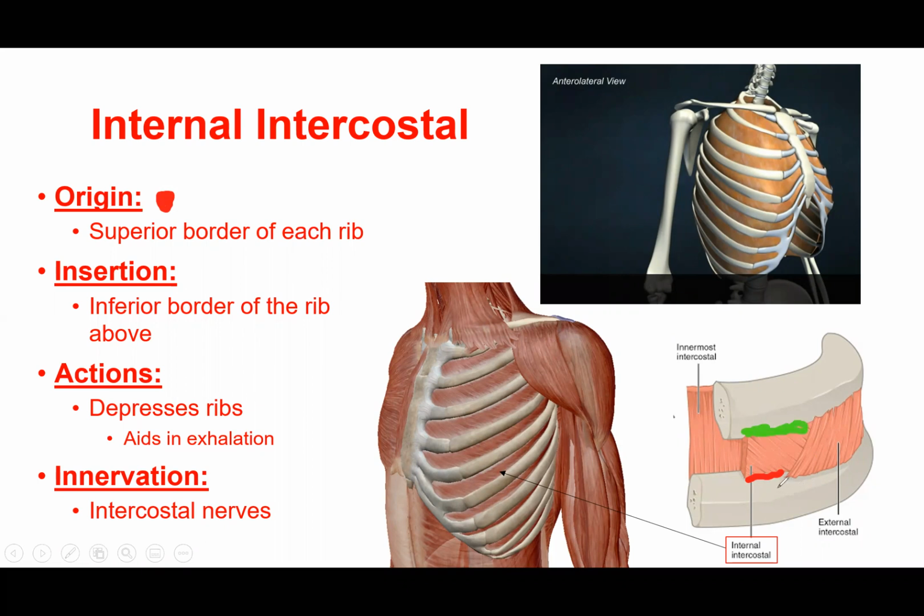In this instance, the bottom rib is the fixed one, and the rib above it is the one that's going to move. When the muscles shorten, it brings the top rib towards the rib below it. This depresses the ribs, and thus helps with exhalation, specifically forced exhalation.